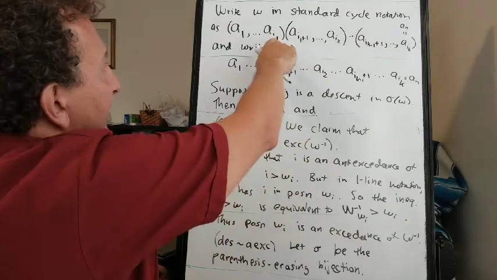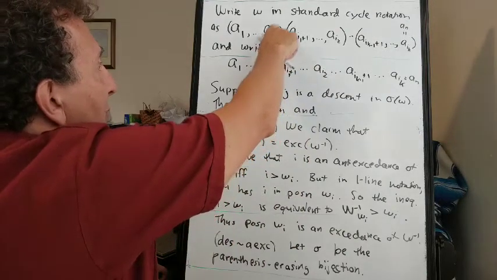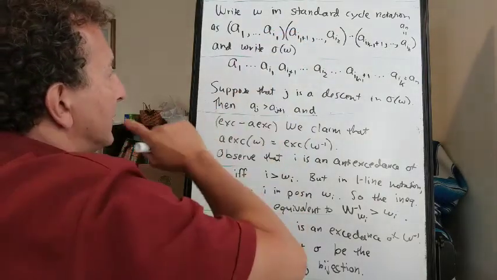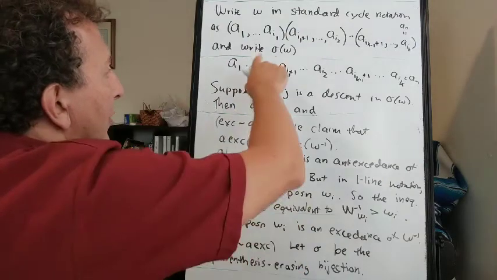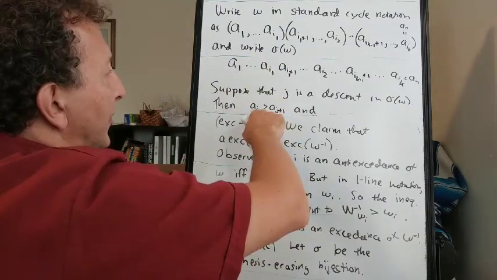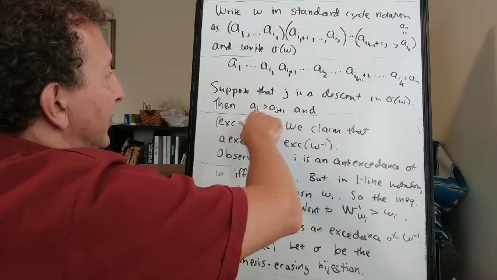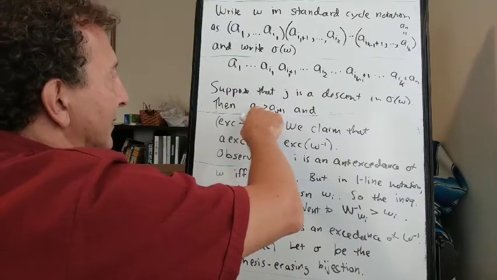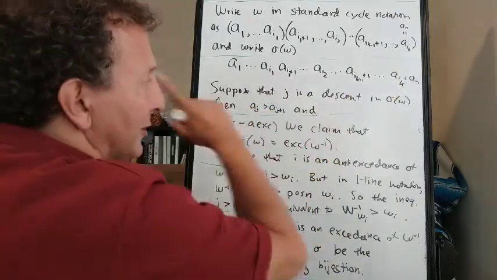What appears last in a cycle is definitely going to be less than what appears first in the next cycle. Also, we can't have a descent if we're all the way at the end. If we're at AN, there is no AN plus 1.